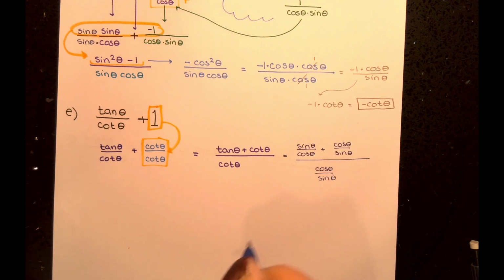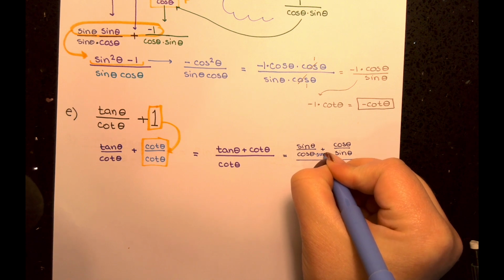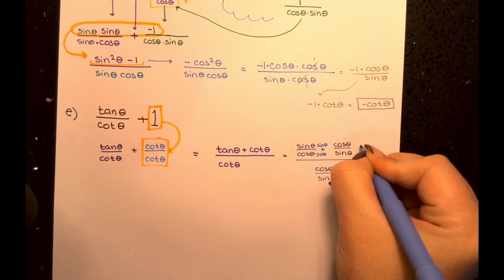Resist the urge to cross these out. You may not cross those out because addition and division do not undo each other. Okay, so that means we do still need common denominators. I was hopeful that we didn't need them, but yes, we do. So we're going to multiply this by sine. We're going to multiply this by cosine.